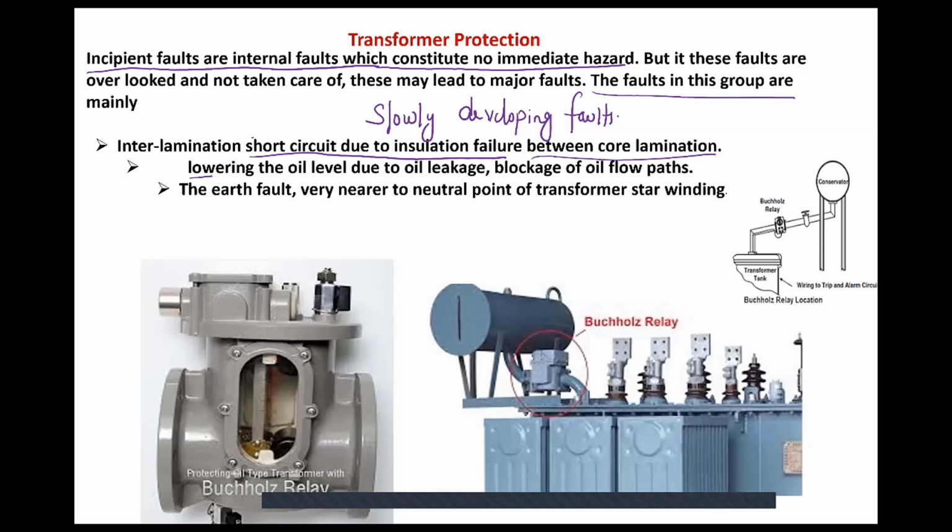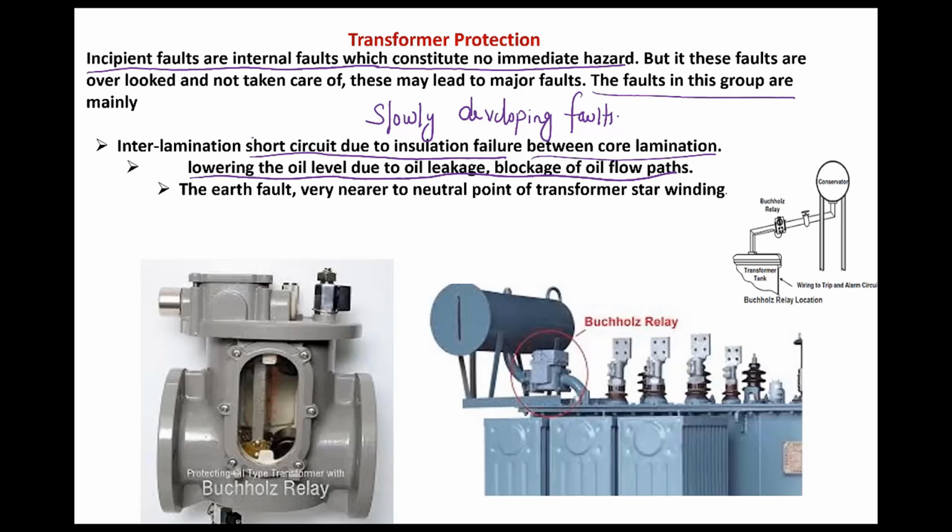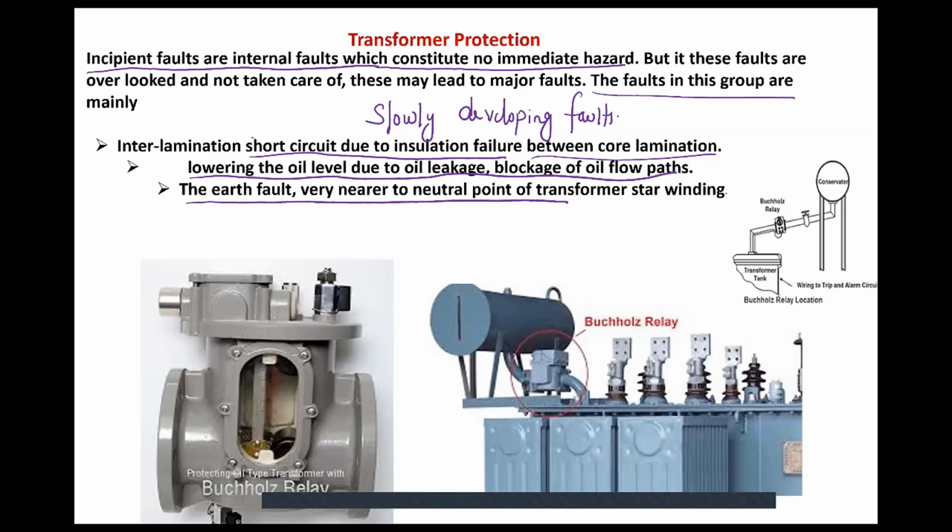Second is if the oil level inside the transformer tank decreases, because of leakage or because of pipeline blockage. It is also an incipient fault. Okay. The third one is an earth fault very near to the neutral point, very close to the star point of the star winding.